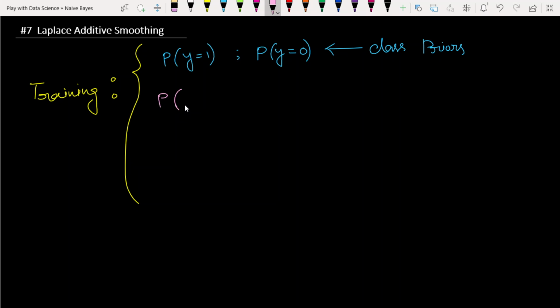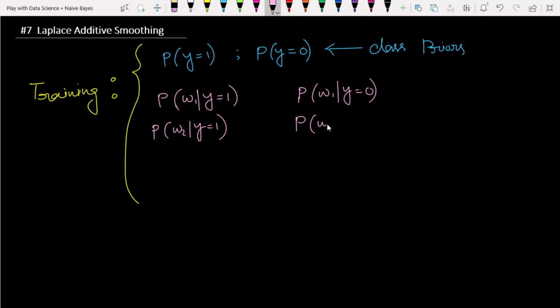So what does likelihood probability mean? Suppose we have m texts and n words. We are interested in calculating the likelihood probability for each word: for word 1 given class label y equals 1, and for word 1 given y equals 0. Similarly for word 2 given class 1, and word 2 given class 0.